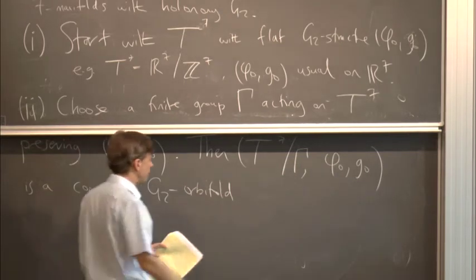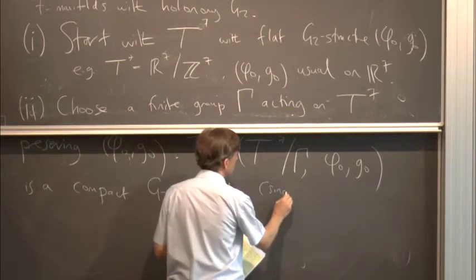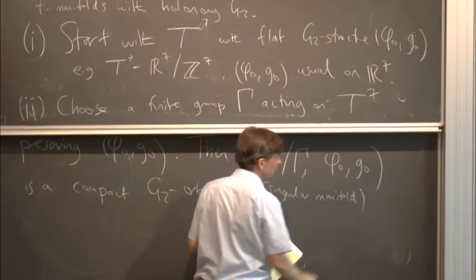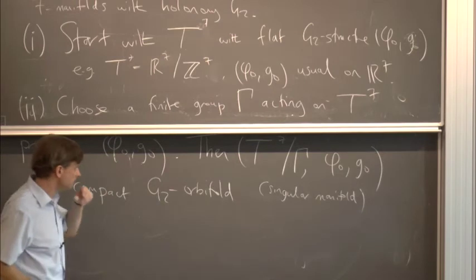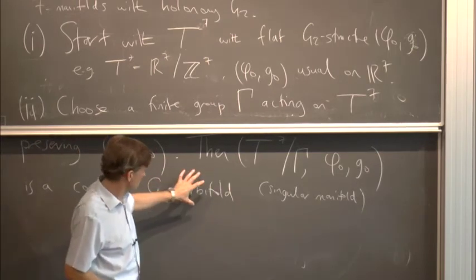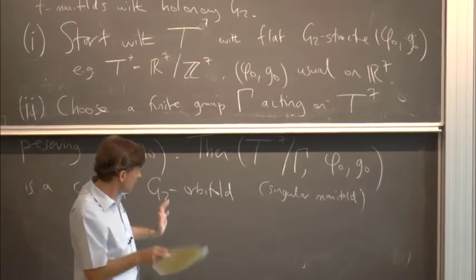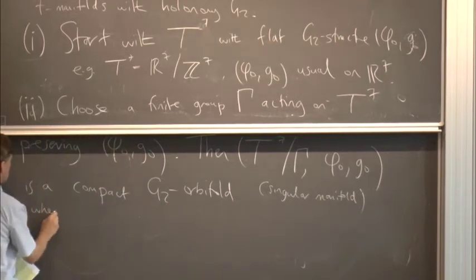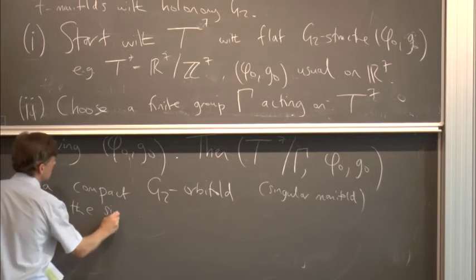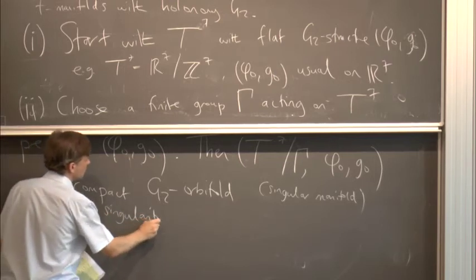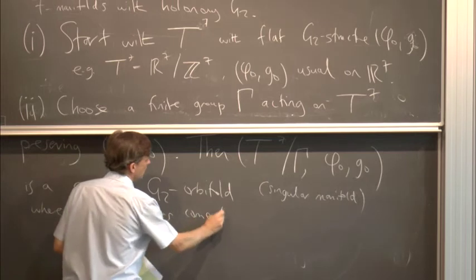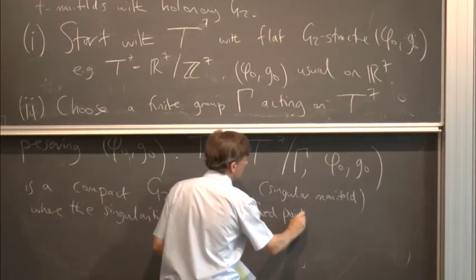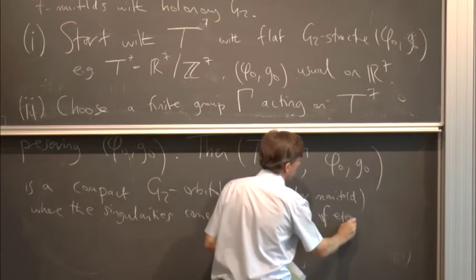So orbifolds are a kind of singular manifold where the singularities are modelled on R7 divided by some finite group, where the singularities come from the fixed points of elements of gamma.